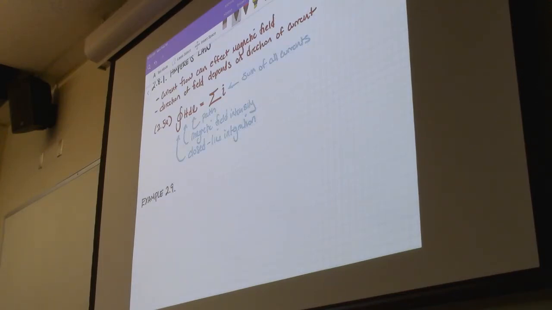So example 2.9 is consider the figure of 2.21, which we'll draw.